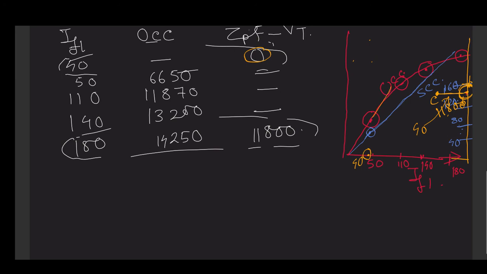So if this is our air gap line, this one. Now, this point is D. Now, let us join this D with B and draw a perpendicular on BC from this D, right?